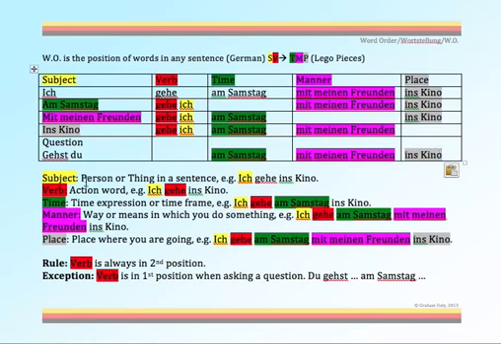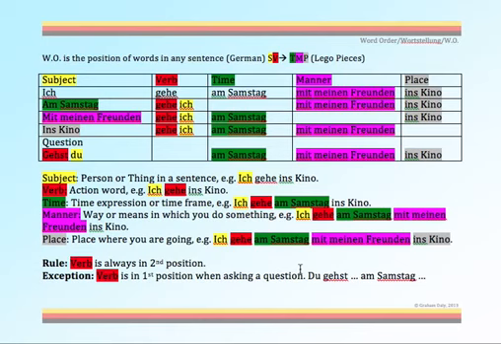So, gehst du am Samstag mit meinen Freunden ins Kino. So what happens here is that the verb is always in second position. However, when you're asking a question, the verb and the subject just swap positions.